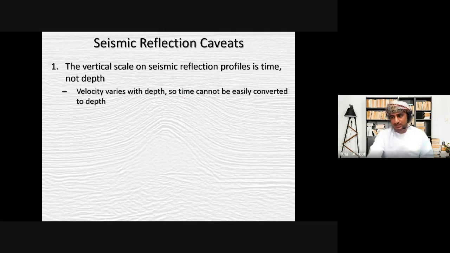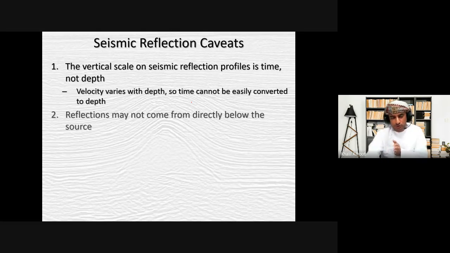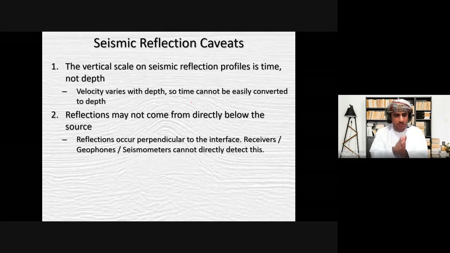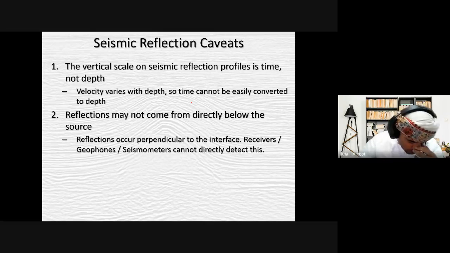Velocity, as we know, is not a constant, not a single velocity. Each layer has its own velocity. So depth conversion, converting from time to depth, is not an easy formula; you don't just multiply by a scalar. It's a really complex process.